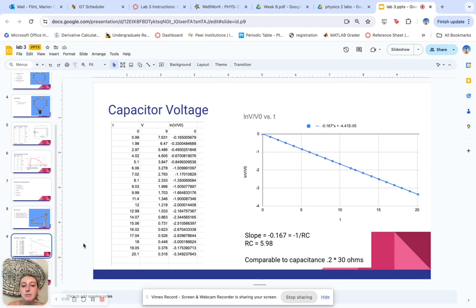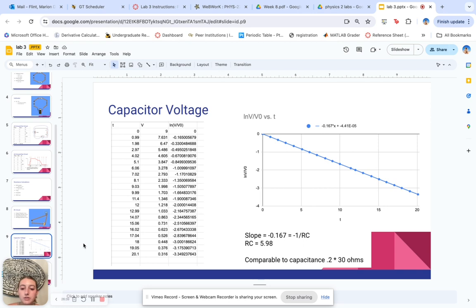Next, we have the capacitor voltage, which I just modeled here. On the y-axis, we have the natural log of V over V initial, so that's like our delta V, and then time on the x-axis. We can see that as time increases, that value decreases.